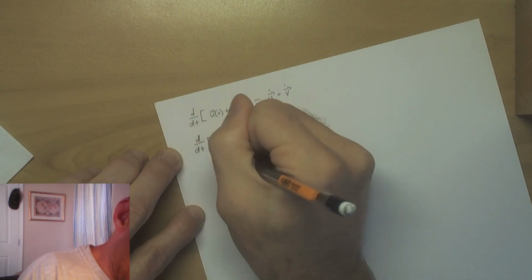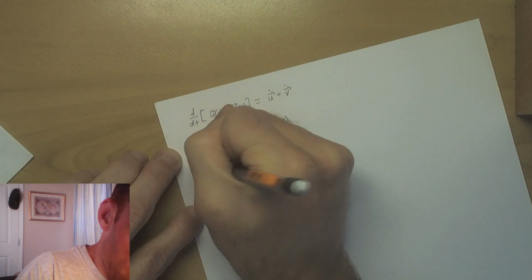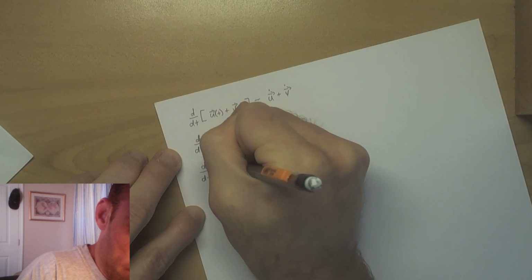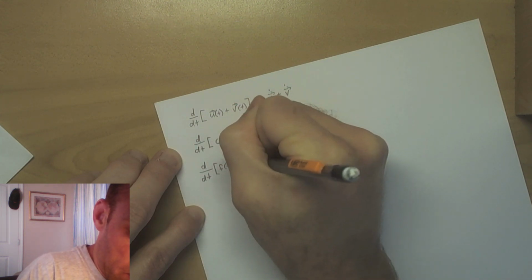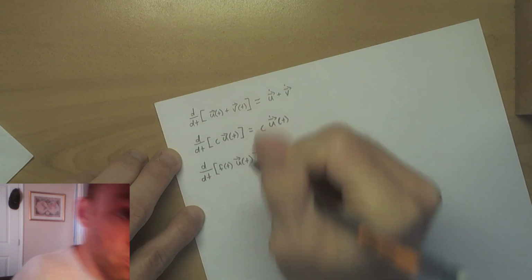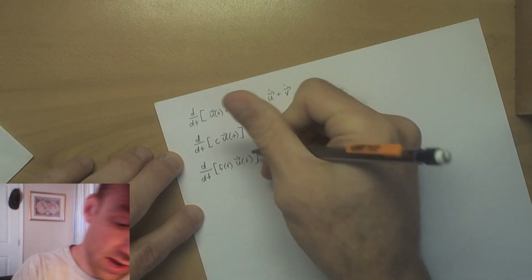If c is not a constant, so c itself is a function of time, then we apply the product rule just like from ordinary calculus.